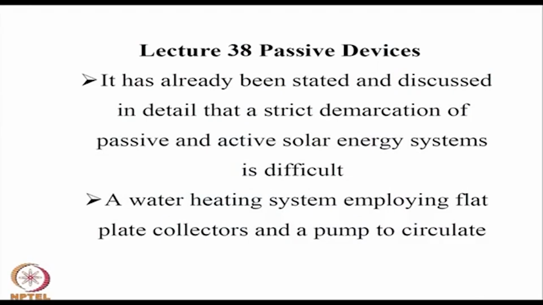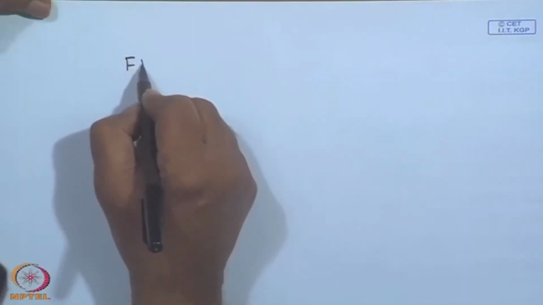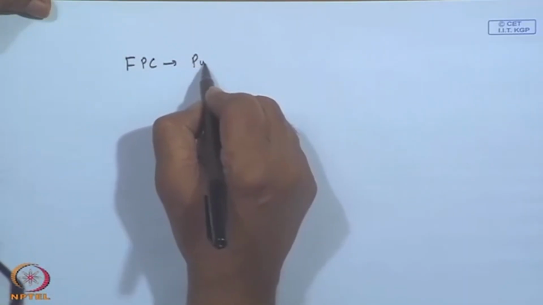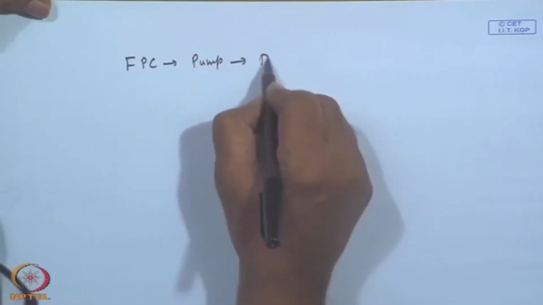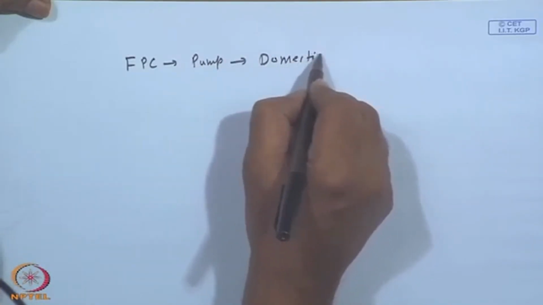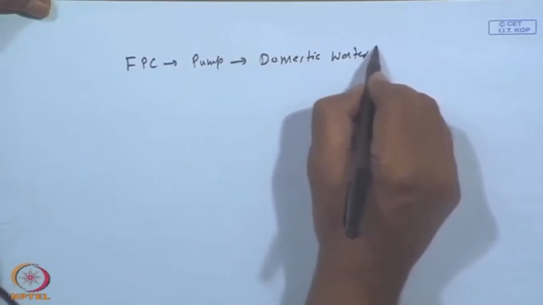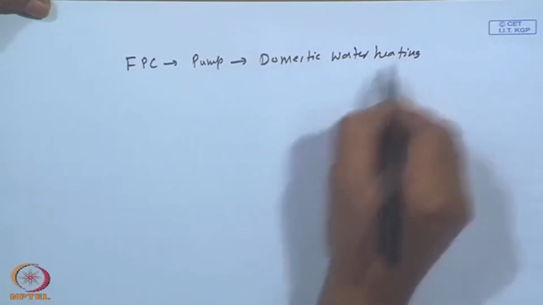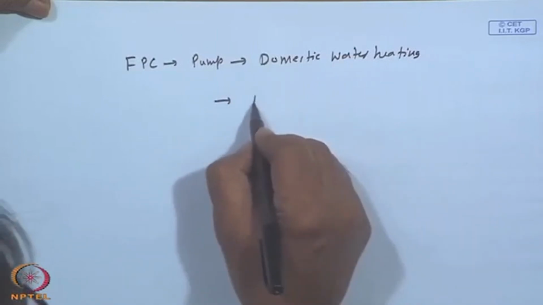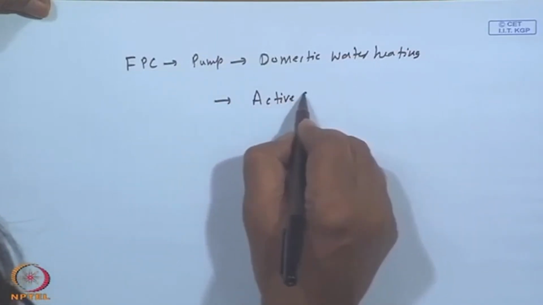And coming to the more serious side of this, we already pointed out that it is a little difficult to have a strict demarcation between passive and active systems. So, for example, employing flat plate collectors, you use a pump for domestic water heating, in most cases we consider them to be an active system.